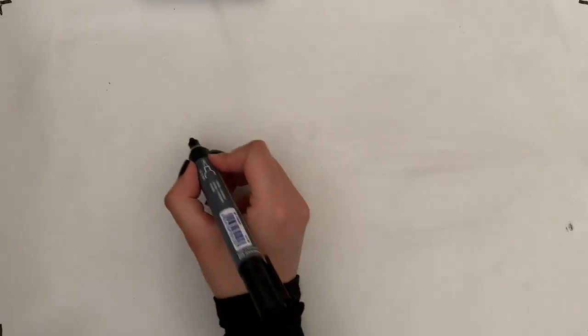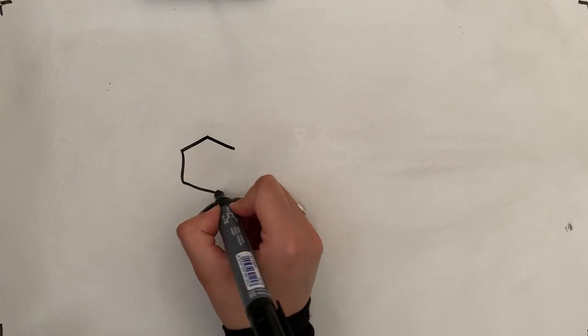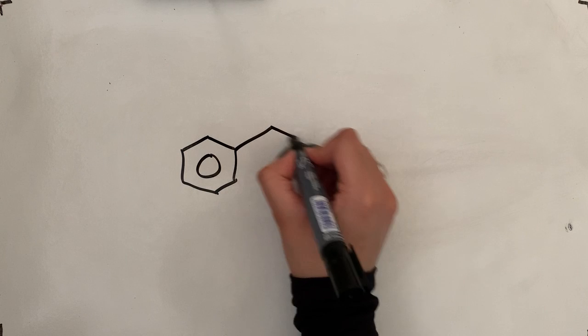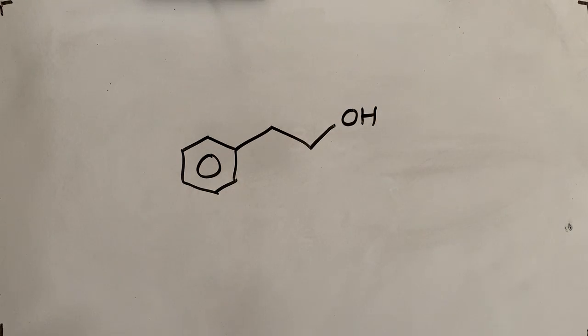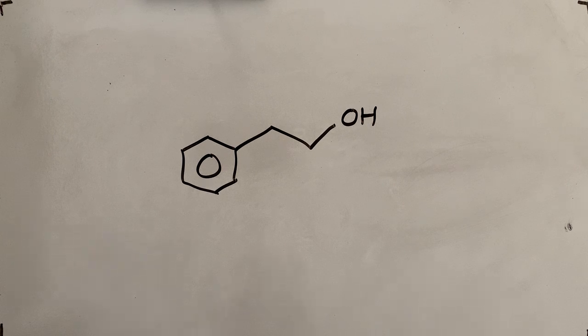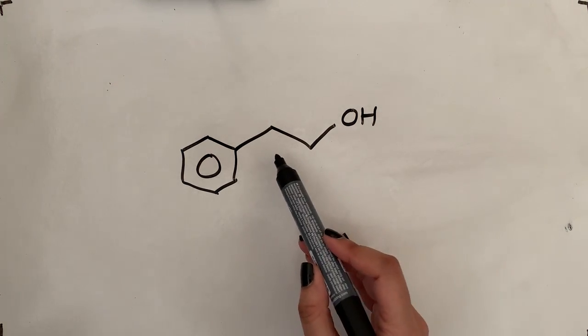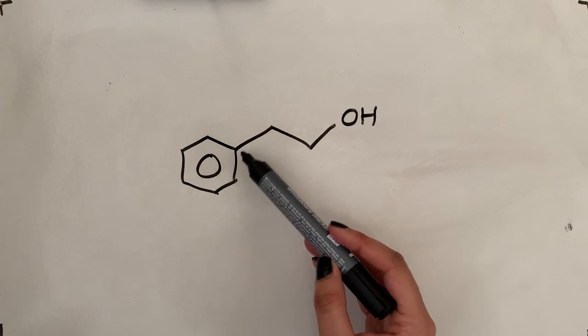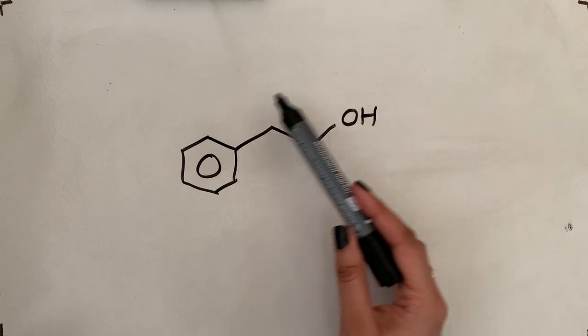Just be warned, if that OH group is not directly bonded to the benzene ring, so for example like this, this compound here is not a phenol. This is just an alcohol with a benzene ring coming off. Okay, so if we want to name this one, it's just the same rules as before. You've got a benzene ring, but you've got a functional group coming off of it.